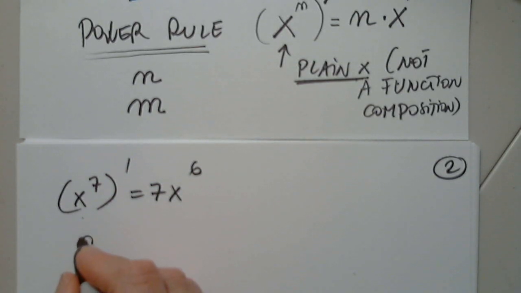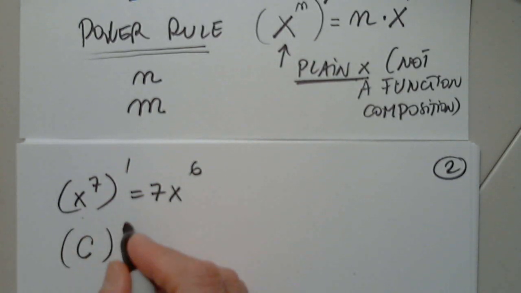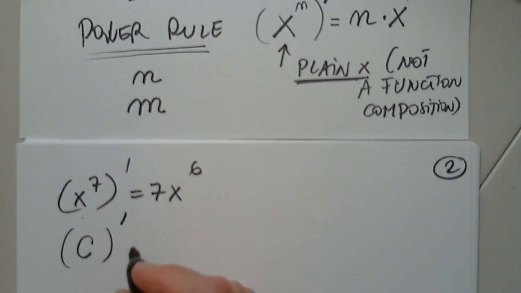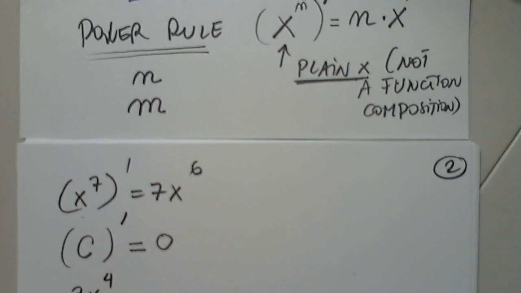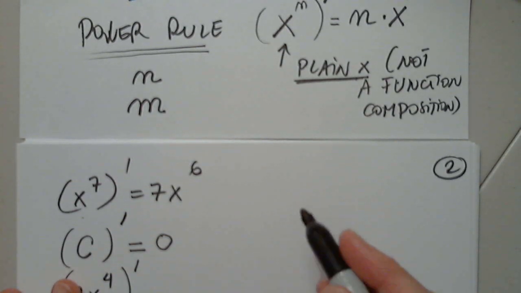Now, if I have a constant that I want to differentiate alone, the constant does not have a rate of change, which means the derivative of a constant is 0. But if I have a product like 3x to the 4th, and I want to differentiate this, the constant stays in front. Remember, we had this before.